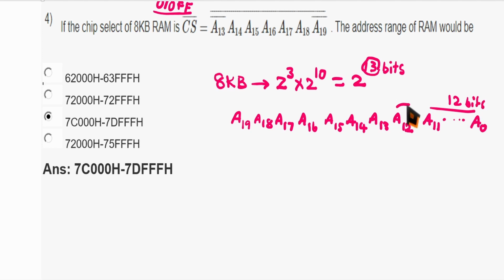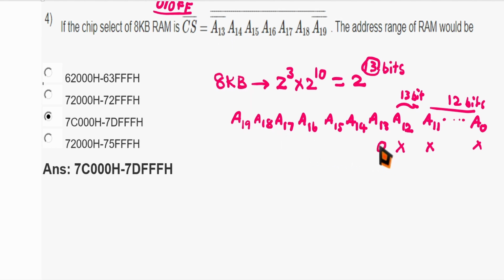And you include this also. So 13 bits will be used. So these bits may be either 0 or 1 to access any location in the RAM. So you put don't cares here. And the remaining lines are fixed by this chip select signal. Here A13 is 0.